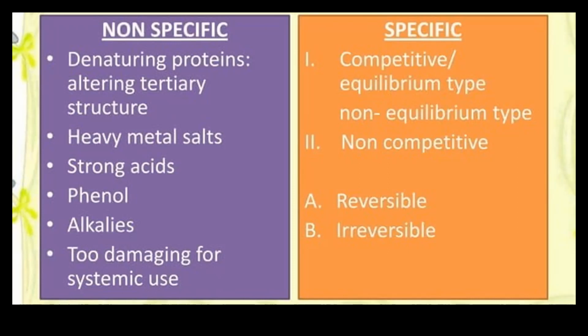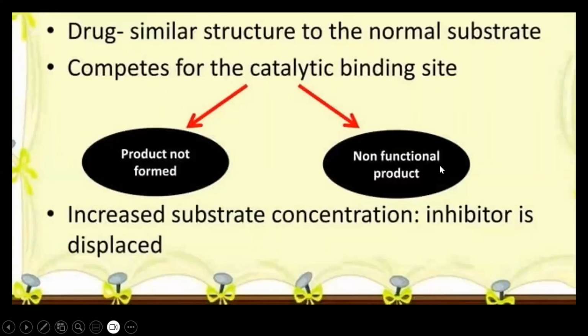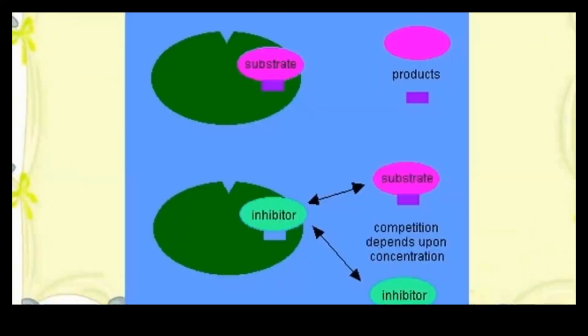Such inhibition may be either competitive or non-competitive. If we are talking about competitive action, which is also generally called the equilibrium type, then the drug is structurally similar and competes. I will show you this slide, so you can easily correlate with it.